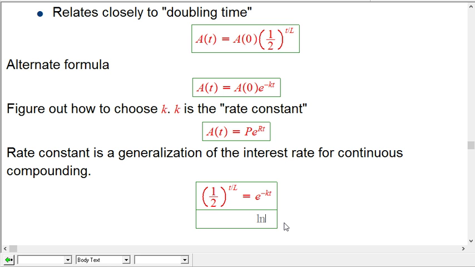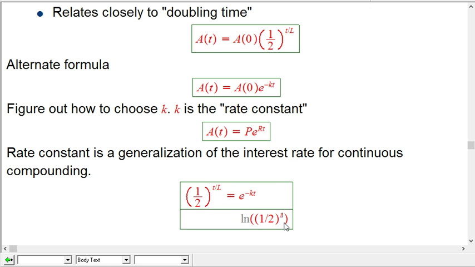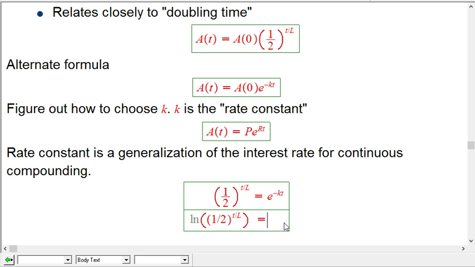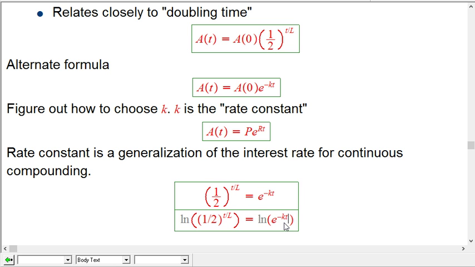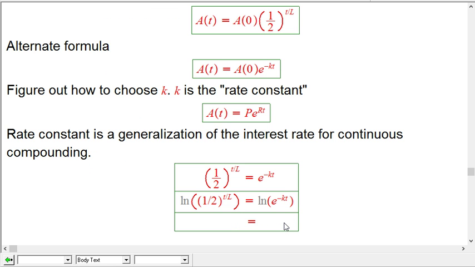So I'm going to take the log of 1/2 to the t over L equals the log of e to the minus kt. On the right-hand side, those cancel out. That's the whole point of taking the log with base e. On the left-hand side, it's not going to completely cancel out, but I can use rules of logs. I've got the log of an exponential expression, so I get the exponent, the quantity t over L, times the ln of 1/2.